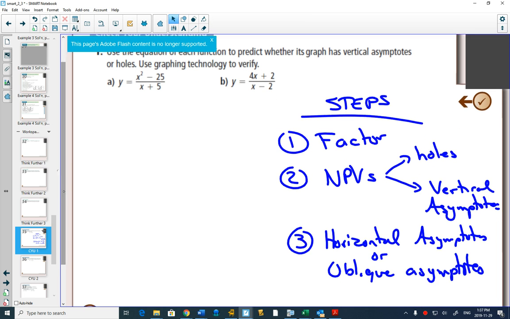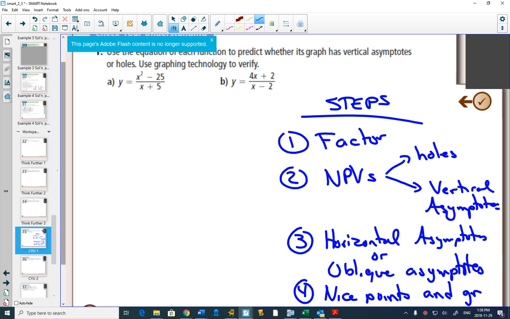Are there diagonal asymptotes? Step 4, it's always nice to put in some nice points. And then we're going to finish by drawing our graph.